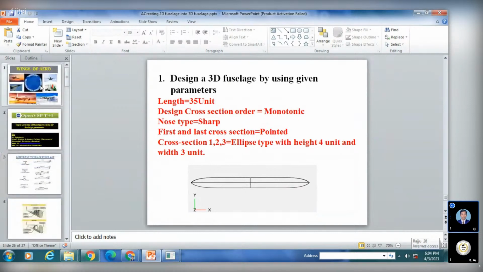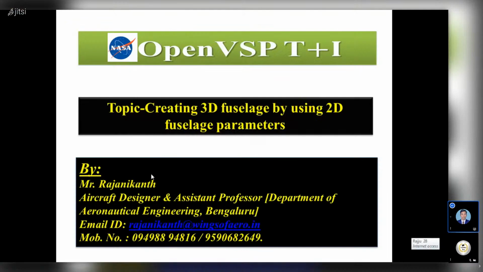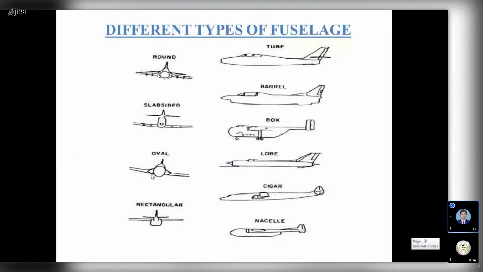Before I create a 3D fuselage by using the 2D parameters, or the fuselage parameters, it's important to recap the things we covered in class 16. That is the different types of fuselage. As we know, we have different fuselages: tubular, barrel, box, lobe, and other types.